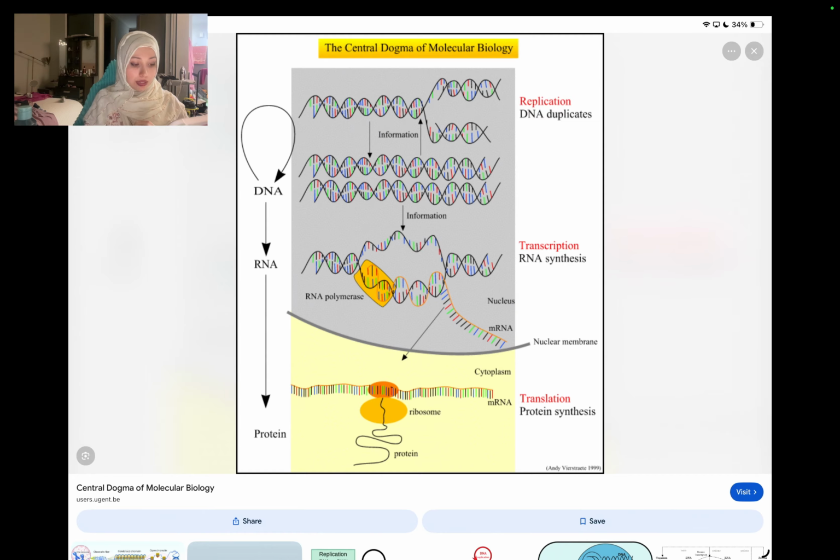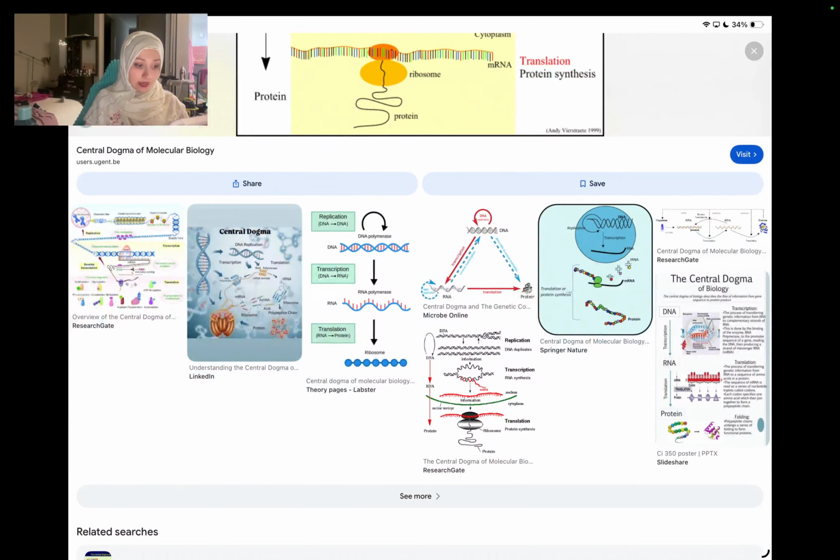Transfer RNA brings the amino acids to the ribosome, and they're all getting built into protein. And here at the transcription, yes, you can see how it's being separated. So I hope this process is more or less clear to you.